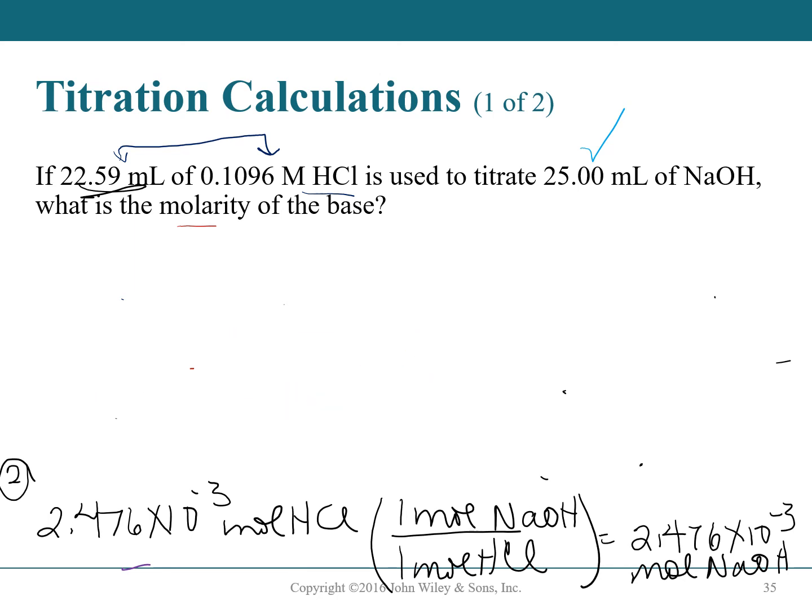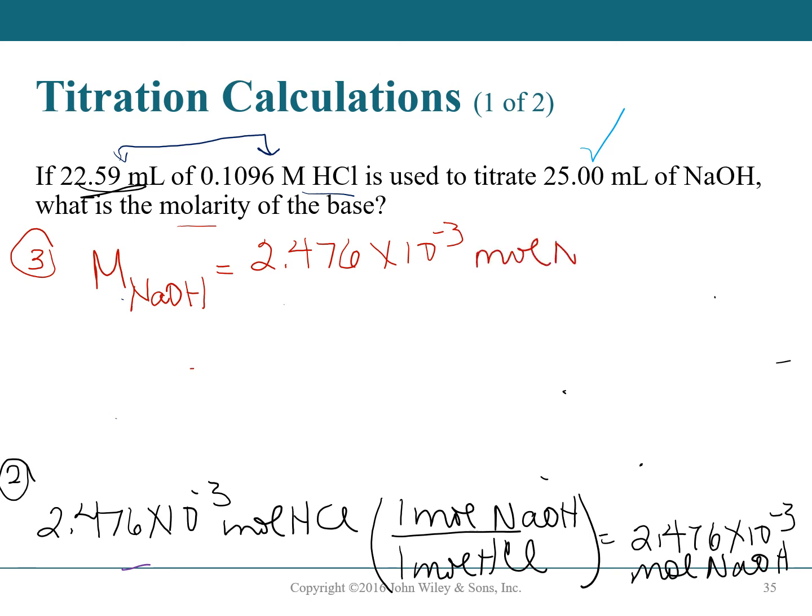For step 3, the concentration of sodium hydroxide is going to be equal to the moles of sodium hydroxide, 2.476 times 10 to the minus 3 moles, divided by the volume, which I'm going to convert to liters, 0.2500.